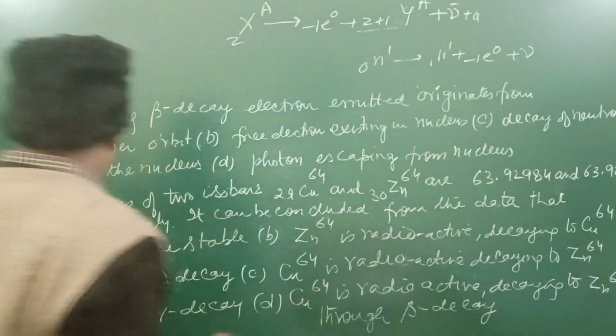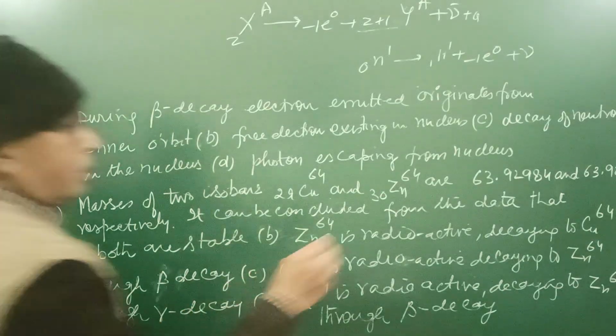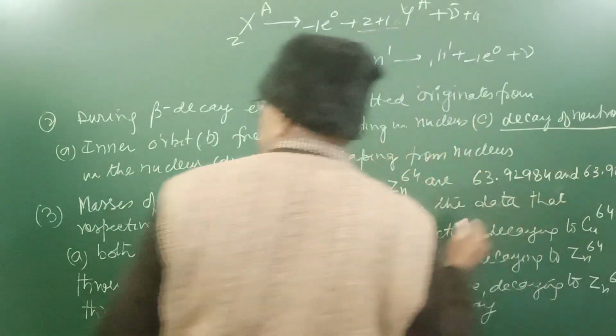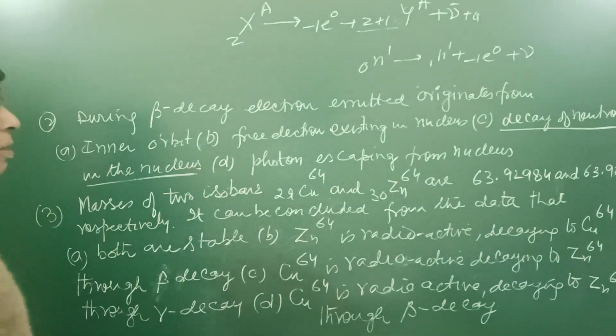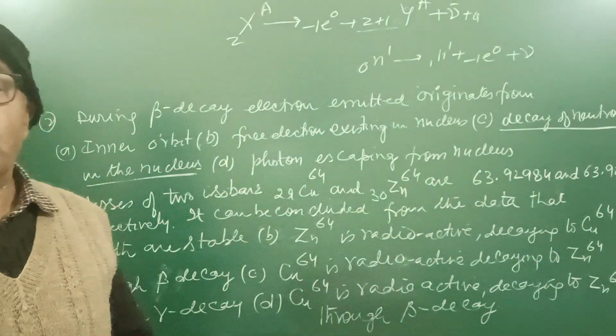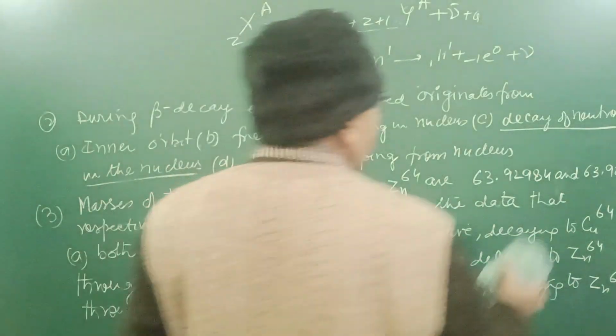So therefore the answer is that decay of neutron in the nucleus causes the electron emission in beta decay.